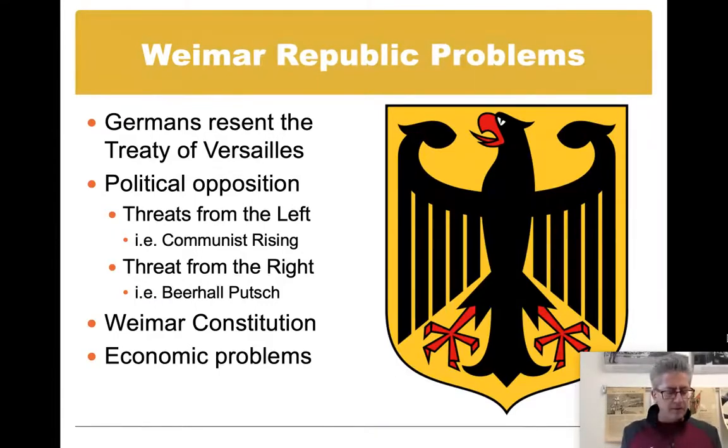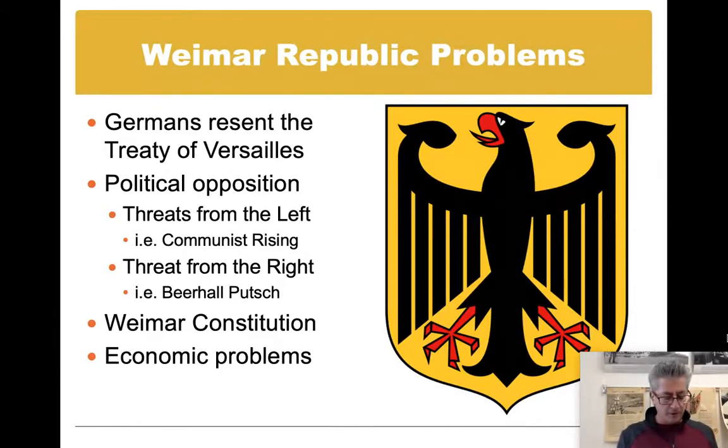Now, one interesting thing about the Weimar Constitution is that there are provisions within the Constitution that allow for the president of Germany, who at that time was extremely powerful when you compare it to the president of Germany today, to institute emergency powers.